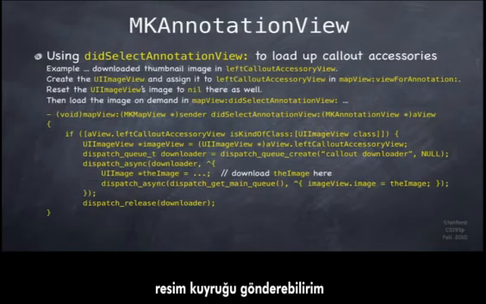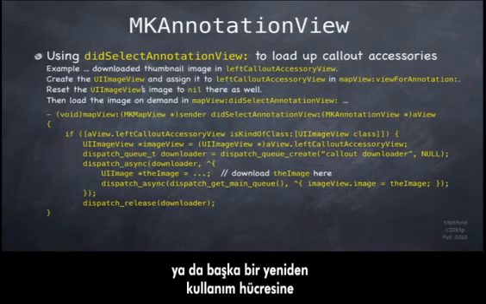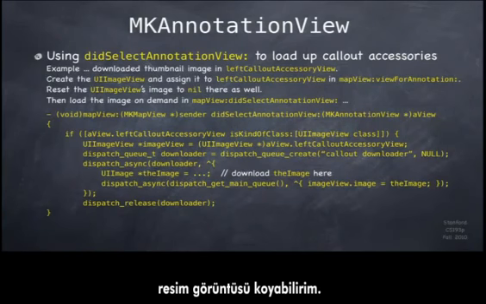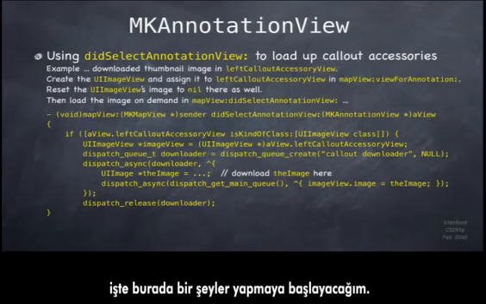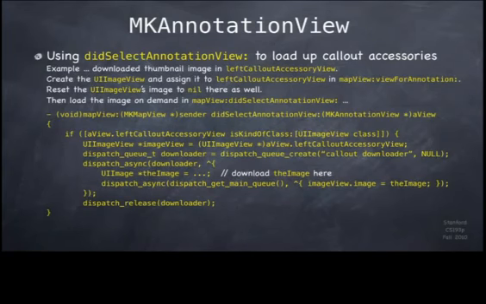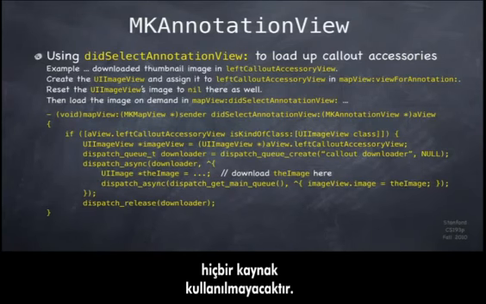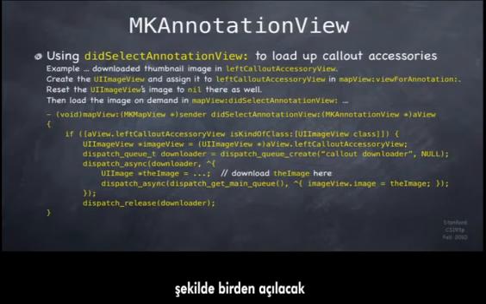So you can look at this code as kind of conceptual for going back and setting the image. But the point here is I could set things up so that when the pin is clicked on, that's when I'm going to go do some work, anything that's going to use resources to load up that little callout box. Now, the callout box is going to immediately come up without the image, and then later, once this thread is done running, the image is going to appear.